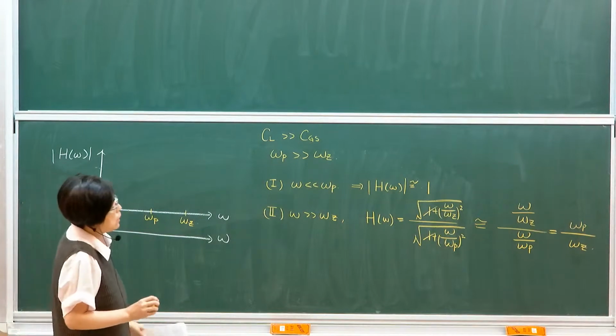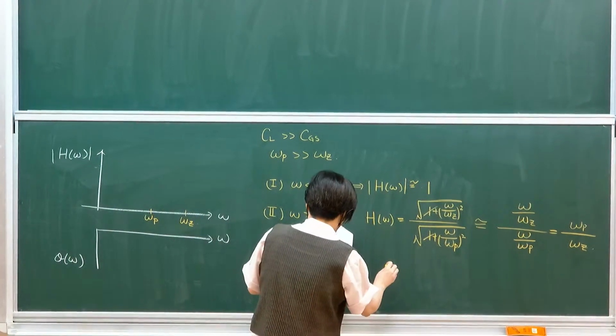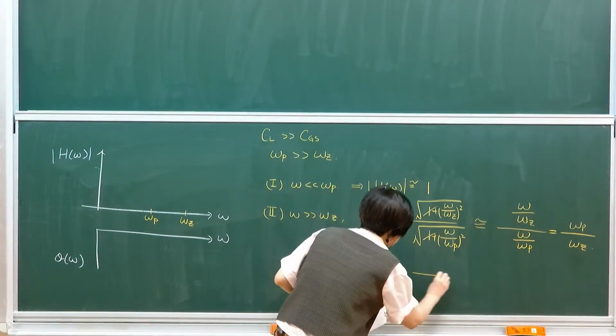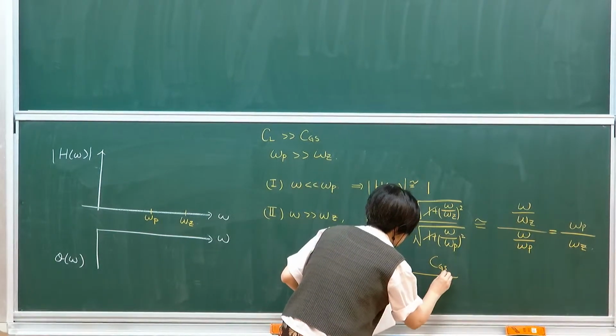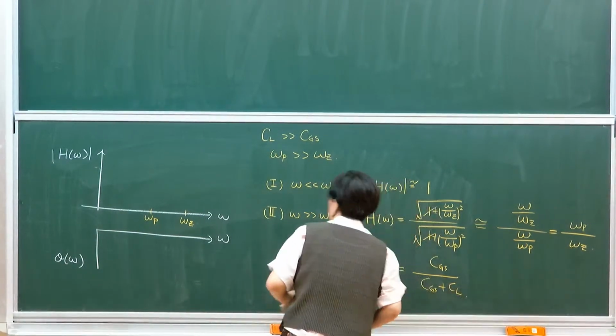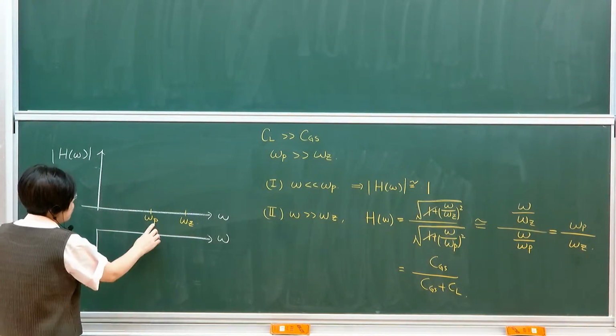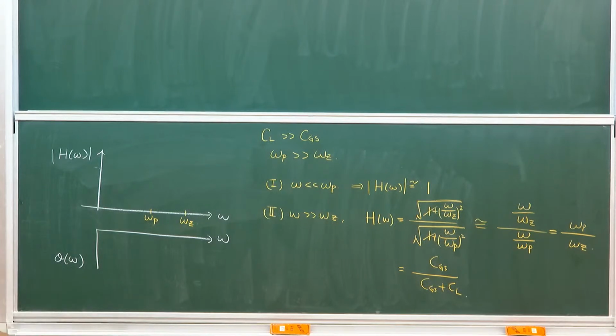So what is this? CP. This is actually CGS plus C load. Okay? I will explain what that actually means. As I said, we already know where my pole and 0 is.